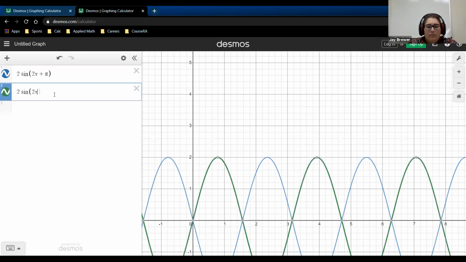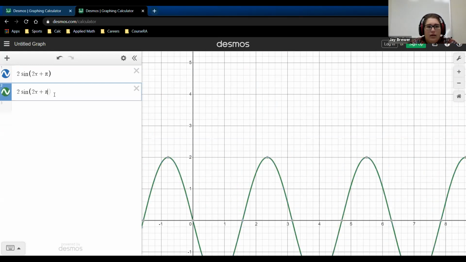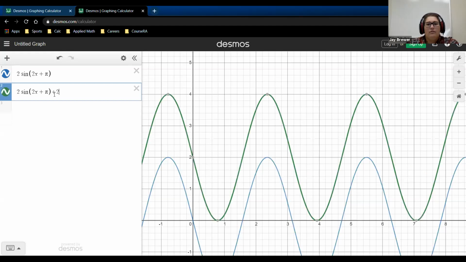But this time, we're going to add a 2 to the outside. Yeah, it's gonna move it up. Okay. Y-axis. It moves the entire graph up. So this is where we start to see an actual vertical shift. And that's where beta comes into play.